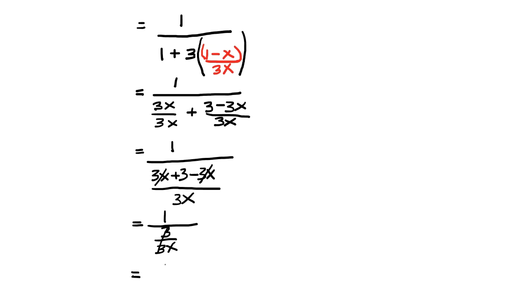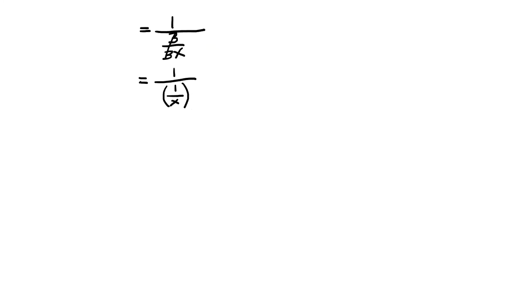So I'll have 1 all over 1 divided by x. You've got to be really careful here. Next, I'll multiply by the reciprocal, so we get 1 times x over 1, which just equals x. So we found that g composed with f of x is x.